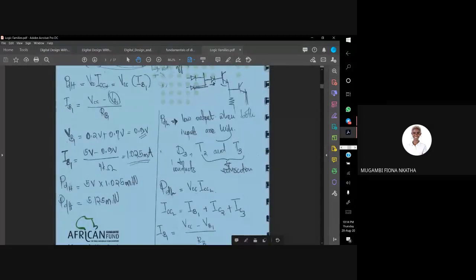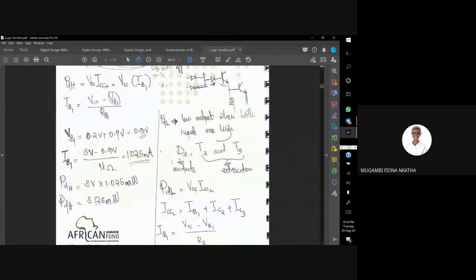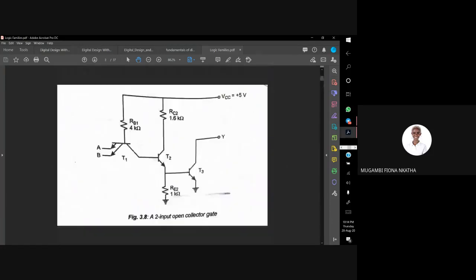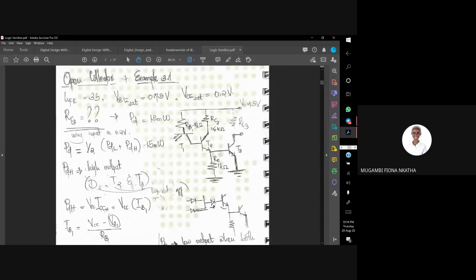So when that happens, our PDL is equal to VCC times ICCL. ICCL, with subscript L for low, meaning it's having a low output. So when that happens, our ICCL will be equal to what?